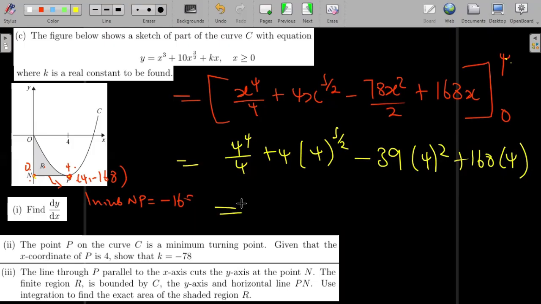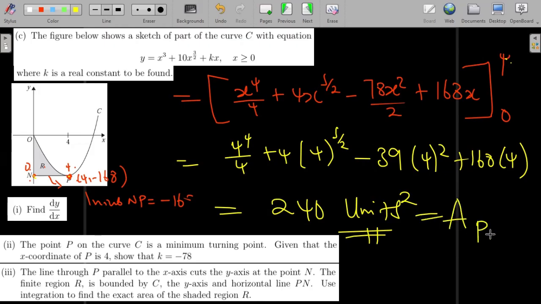Okay, so now I'll just punch this onto my calculator. All right, so when I do this, my final answer is simply 240 units squared. So that will be my area for the region R. And we are done with this question.